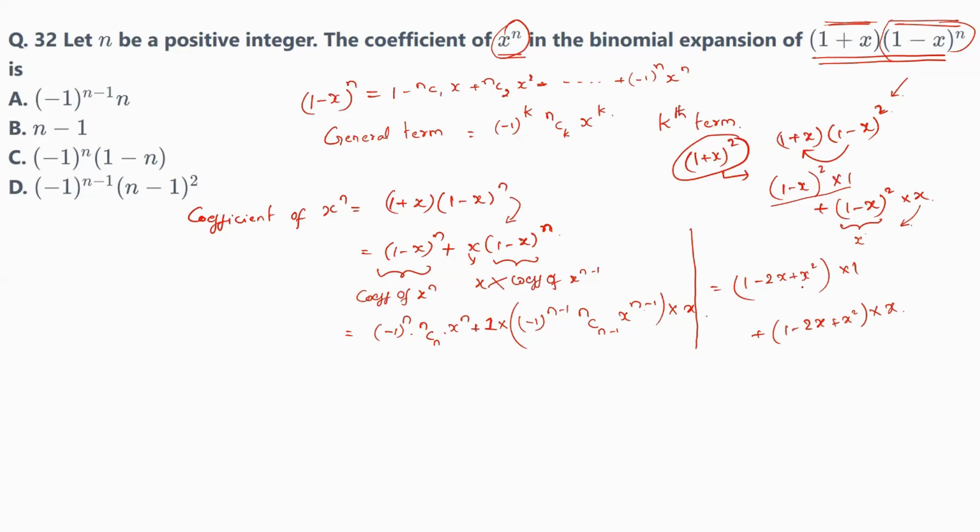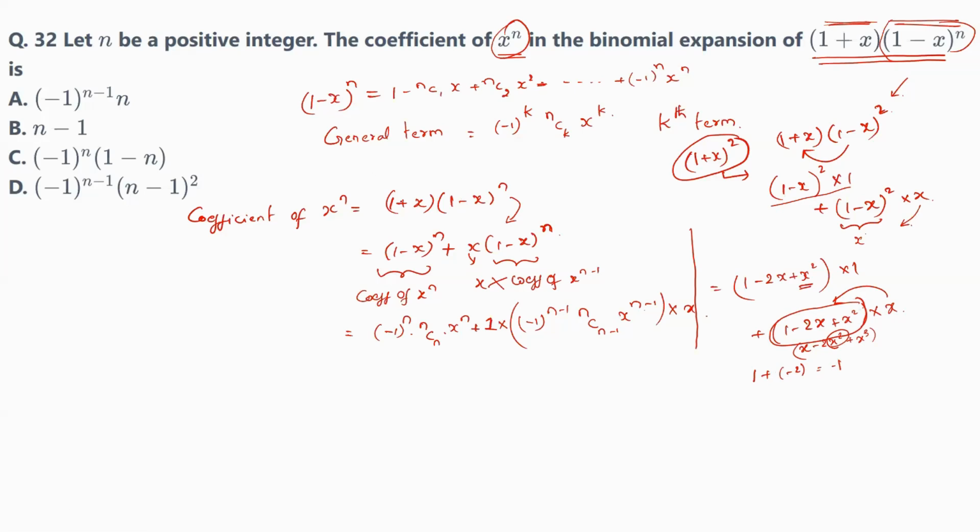That is coefficient of x square here, which is 1, plus when you multiply this, what you will get? You will get x minus 2x square plus x cube. So the coefficient of x square in this is the coefficient of x in the expansion of this, right? Which is minus 2. So I end up with minus 1.